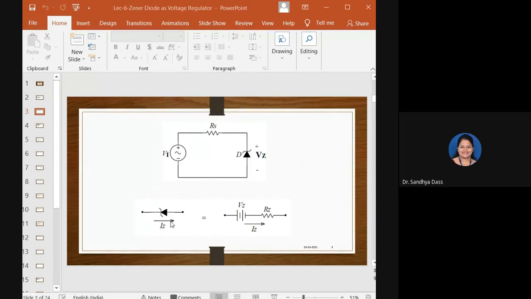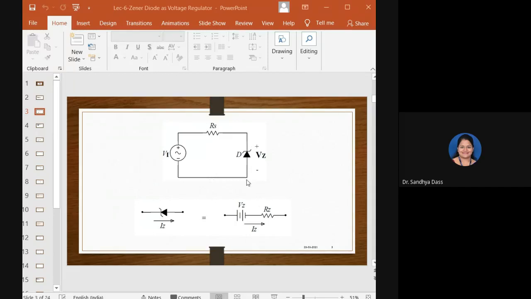This is a typical Zener diode symbol, and the direction of the current is shown. On the right-hand side you can see the approximated model, where we replace the Zener diode with its Zener voltage along with the Zener impedance. Just to recap, the regulated DC voltage, Vout, will be equal to Vz, because the output voltage is connected in parallel with the Zener diode.